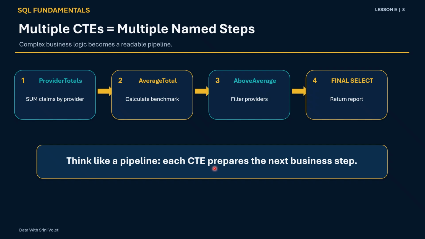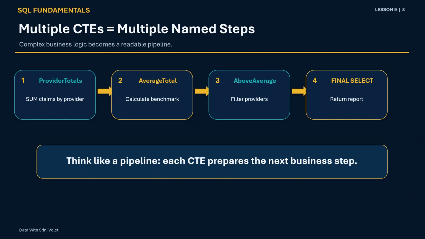In SQL Server, when defining multiple CTEs for the same statement, we normally use one WITH keyword and separate CTE definitions with commas. Conceptually: WITH first CTE AS, second CTE AS, third CTE AS, select from the third CTE. A later CTE can reference an earlier CTE in the same WITH chain, which allows us to build logic progressively.